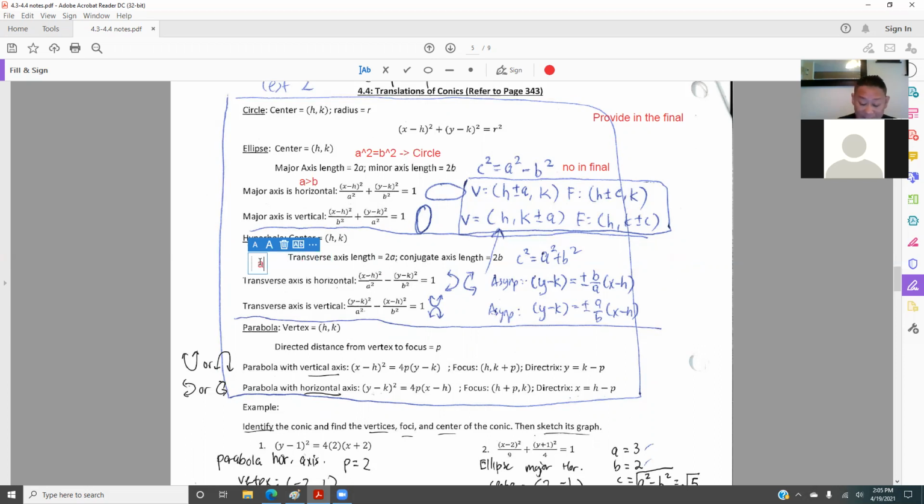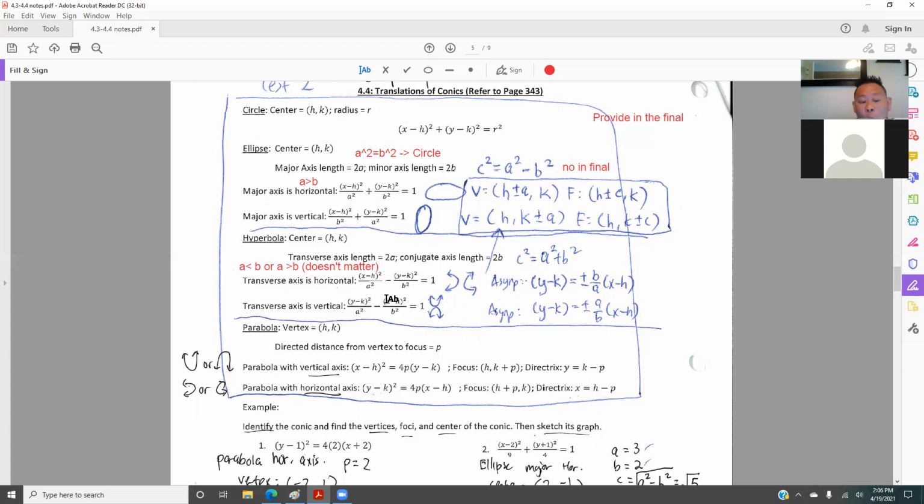It doesn't matter whether a is less than b or a is greater than b. So for hyperbolas, it does not have this specialty about a and b. For ellipses, yes, a has to be greater than b or equal.